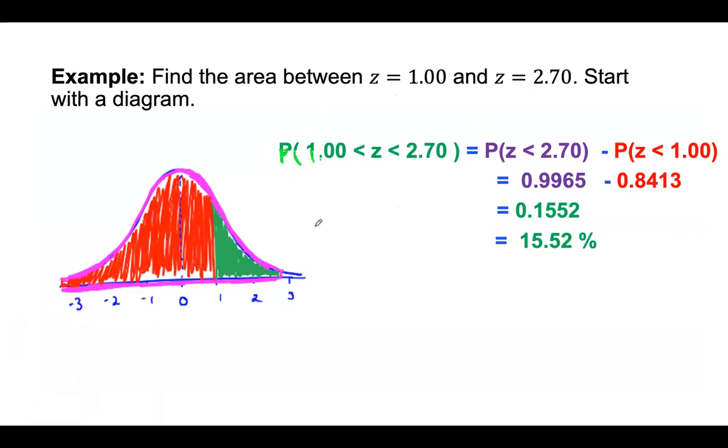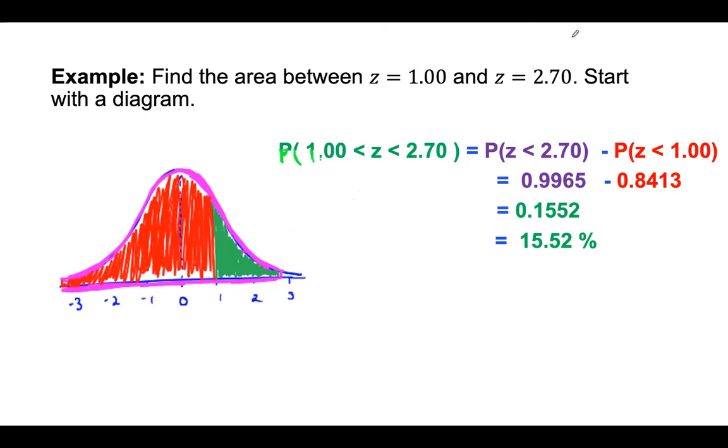So we can make this transformation, and the larger area goes first. That would be the probability of Z being less than 2.70. So that's that whole area, and you can see that's the larger area because 2.70 is larger than 1. And then we subtract this red area, which is smaller than this number.